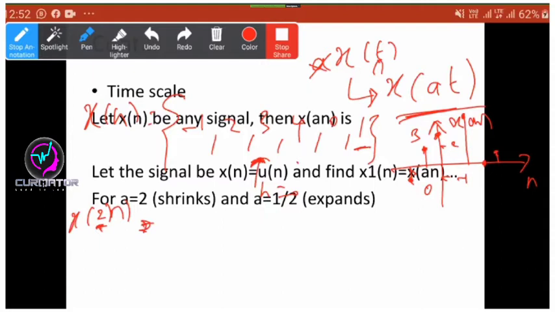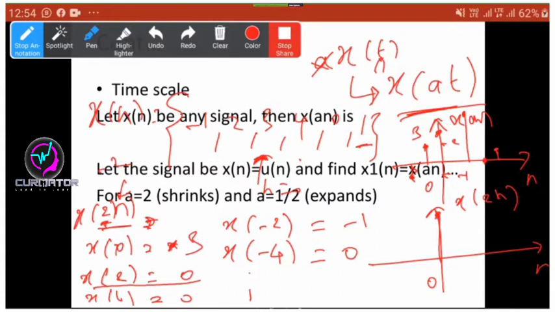X of 0 for n equal to 0 is equal to 3. Now x of 1 for n equal to 1, I am going to mark n as 1 now. So 2 into 1 I will get 2. X of 2 is equal to 0. Now I will take n as 2. So 2 into 2, n equal to 4. We don't have a value for n equal to 4, so this is also 0.